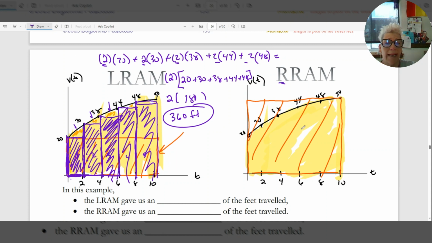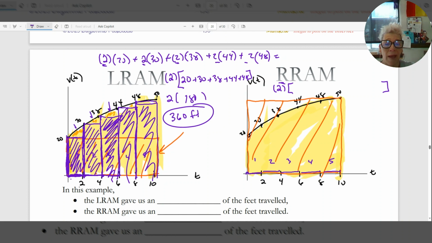Now, what does that look like as a right RAM? Well, that still looks like we're going to take 5 rectangles, rectangle 1, rectangle 2, rectangle 3, 4, and 5. Each of those 5 rectangles, just like before, has a width of 2. So 2 is going to be multiplying the rectangles whose height we find on the right-hand side.